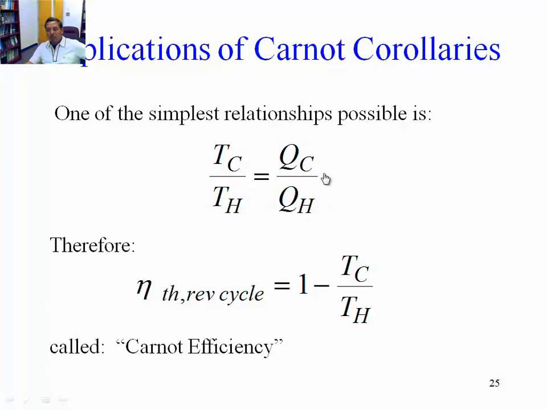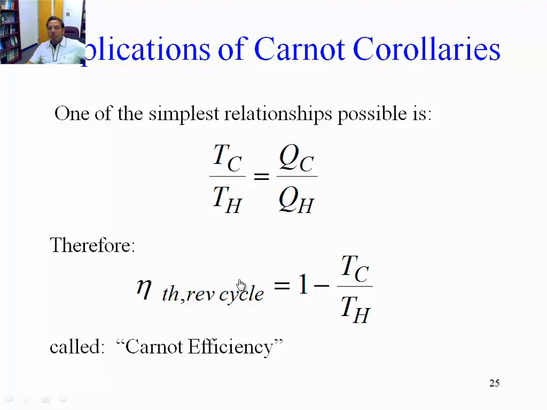And basically we're missing absolute value bars around QC, but we just assume that it's the magnitude. So therefore, the thermal efficiency of a reversible power cycle, which was 1 minus QC over QH, we now established is 1 minus TC over TH.